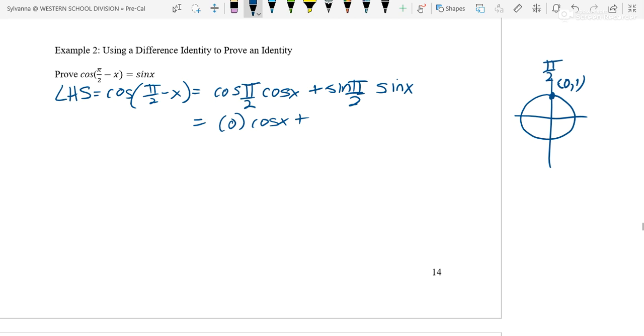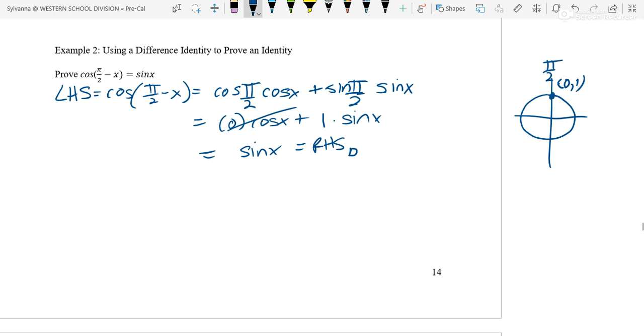And then at pi over 2 for sine, it's 1, because that's my second coordinate. So it'll be 1 times sine x. 0 times cos x, that's just 0. So I'm just left with 1 times sine x, which is the same thing as sine x. And that is my right-hand side. And then I'm done.